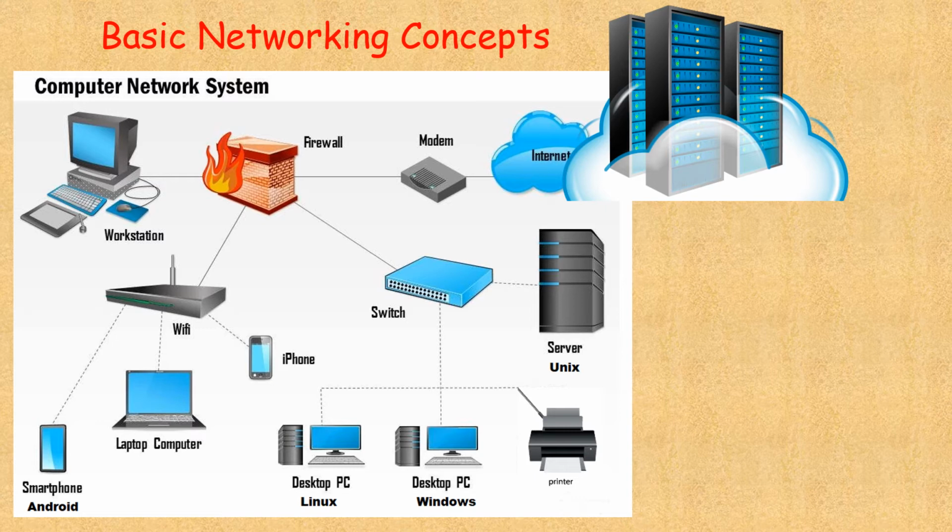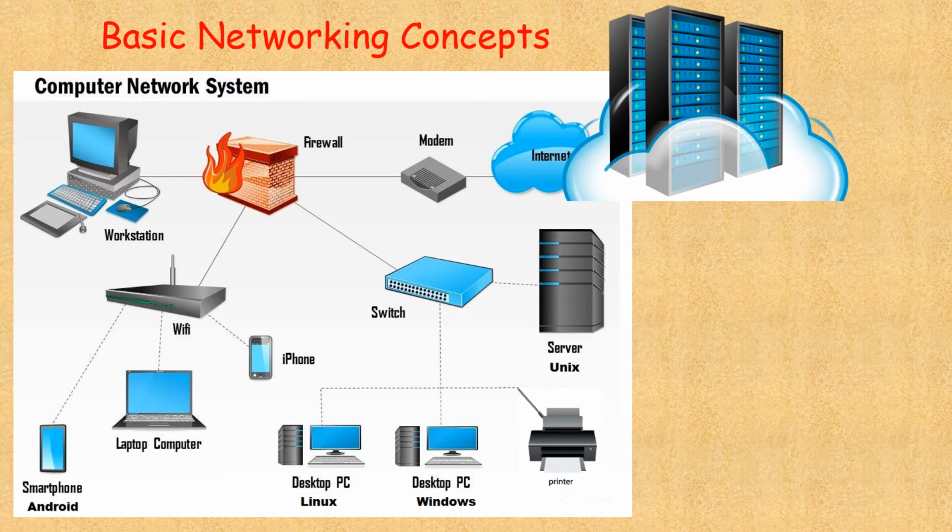If we look at the PCs and servers, we may see them from different brands. Also different types of OS, operating systems, like Windows, Linux, Mac OS, and many other types. The switches and routers may be from different brands also, and different operating systems.